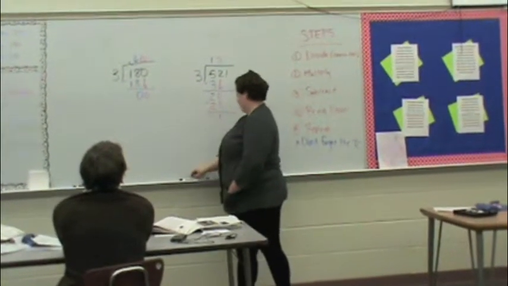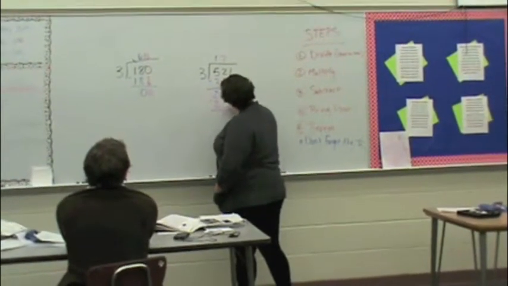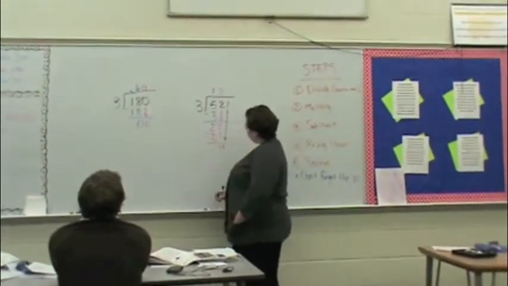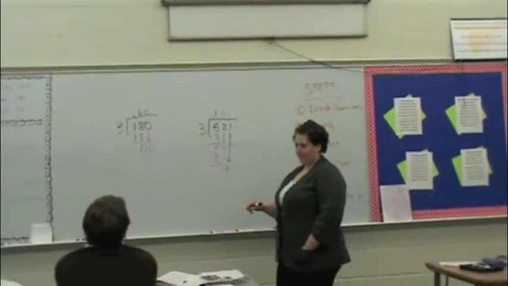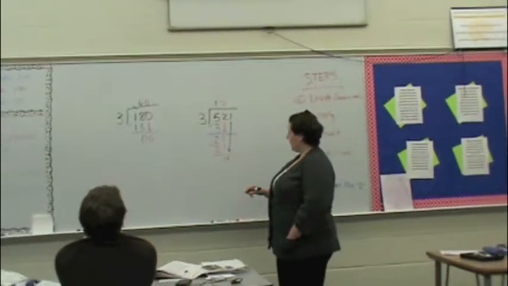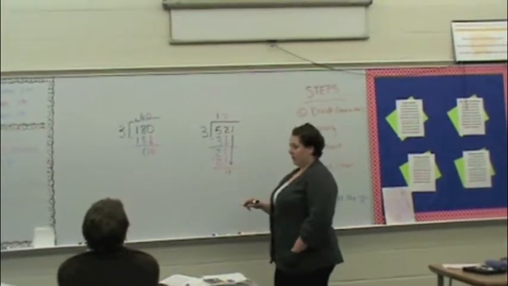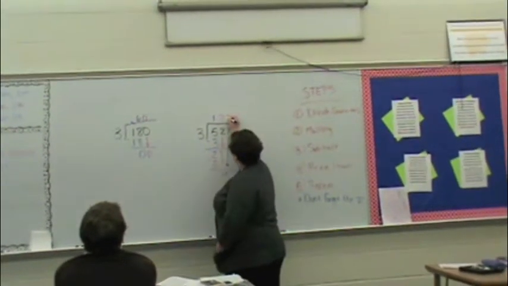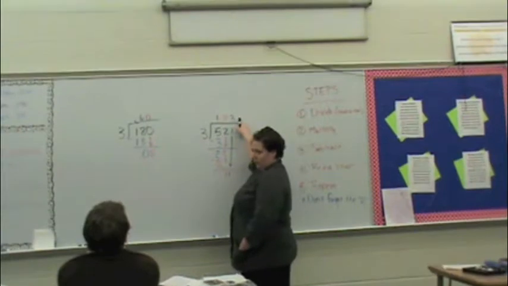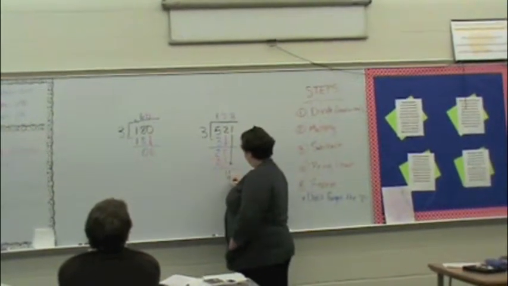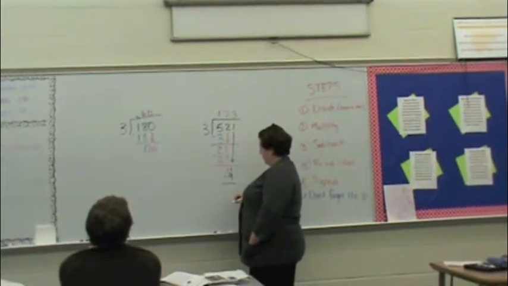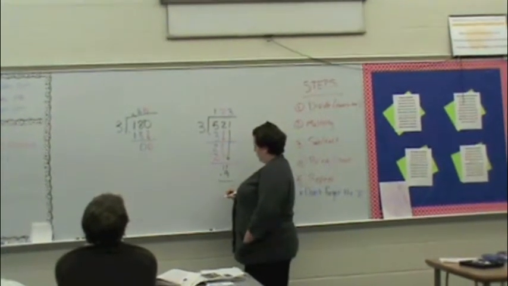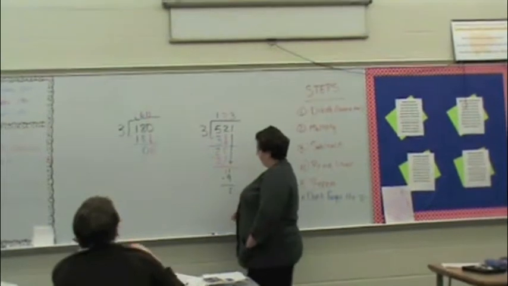Next step, bring down your 1. 3 goes into 11 how many times? 9? No, 3. What's 3 times 3? 9. Take away. 2. And then the remainder of 2.